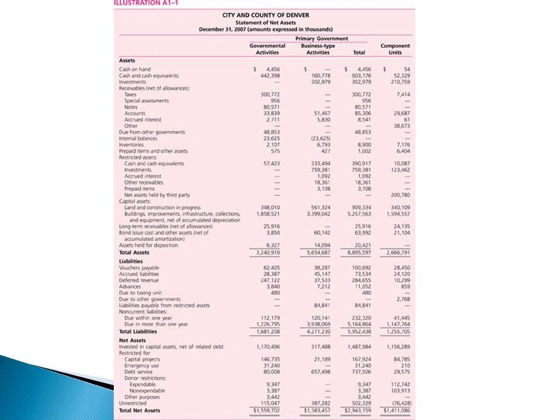The main difference here is that we have non-current assets or capital assets and non-current liabilities that are included here that were not included in the fund financial statements, again, because the measurement focus is different, with the current measurement focus being what the fund financial statements use.